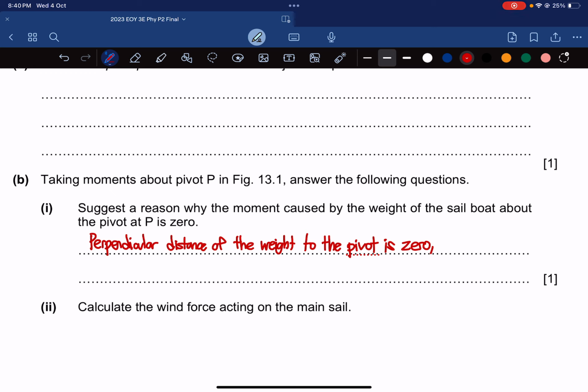Since I know that the perpendicular distance between the weight and the pivot is 0, hence the resultant moment due to the weight is 0. Okay, this is for B part 1.